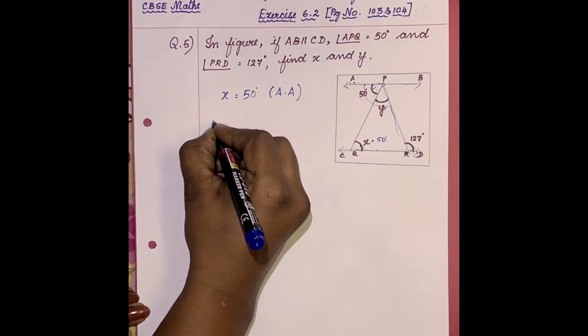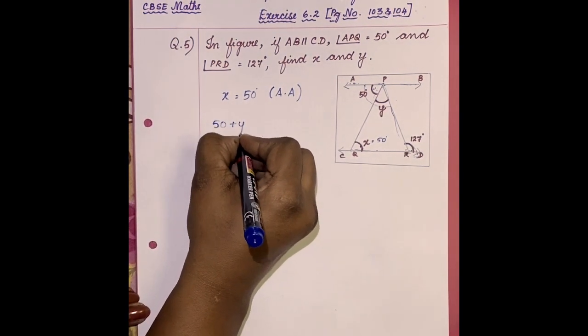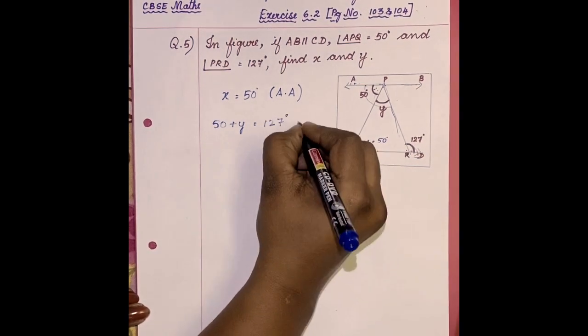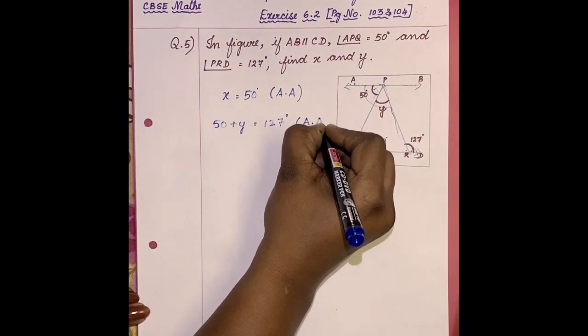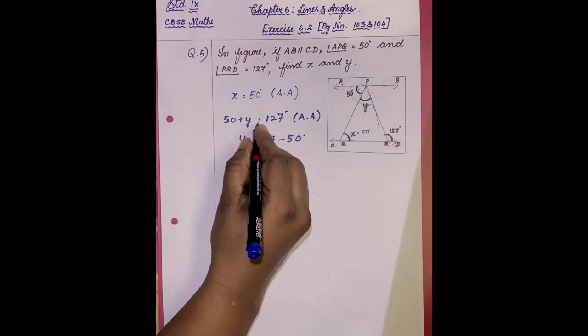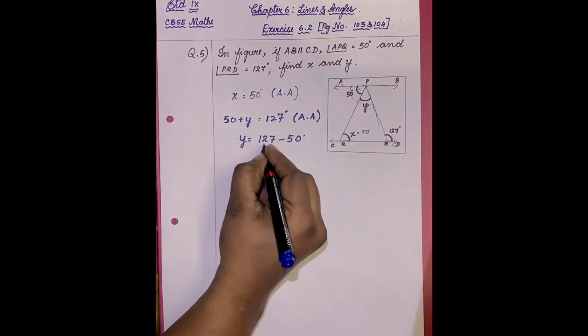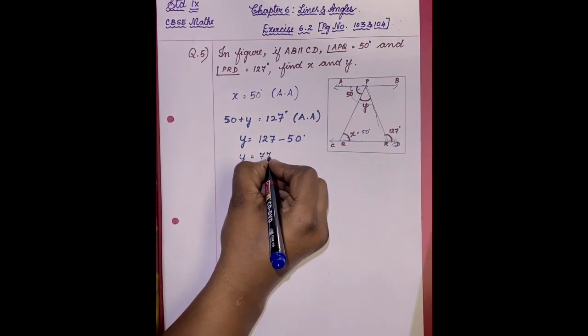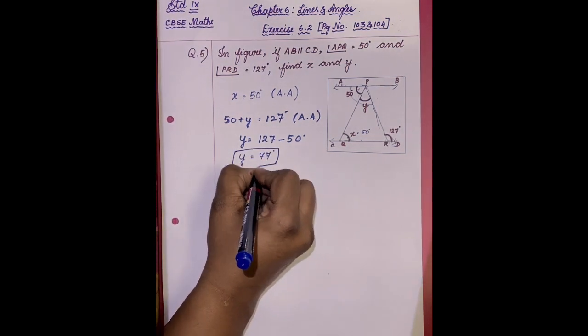So 50 plus y is equal to 127 degrees because they are alternate angles. So y is equal to 127 minus 50 degrees. So y is equal to 77 degrees. That's all. So simple this problem is.